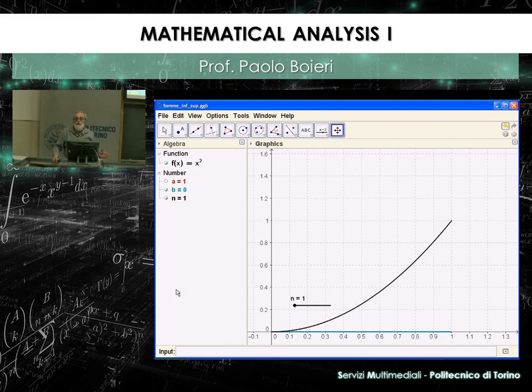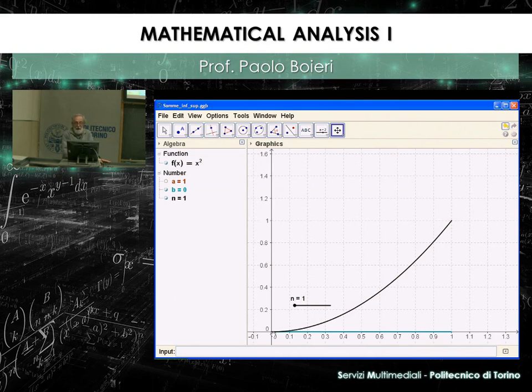Why constant functions? Because if you take a constant function, the trapezoidal region of a constant function is a rectangle. I want to approximate from below this region with rectangles.